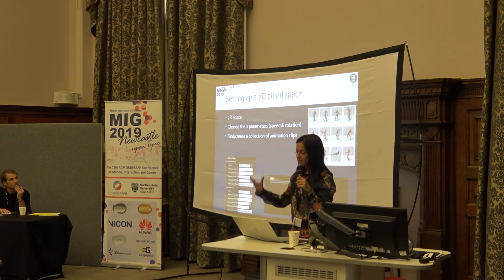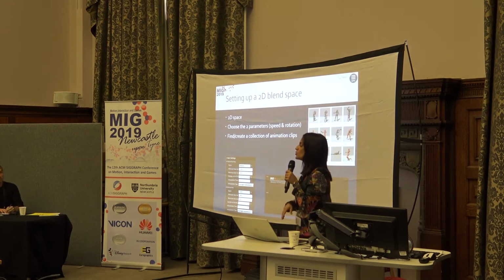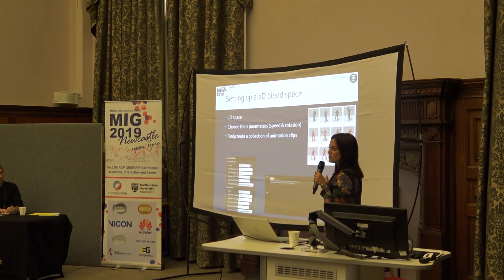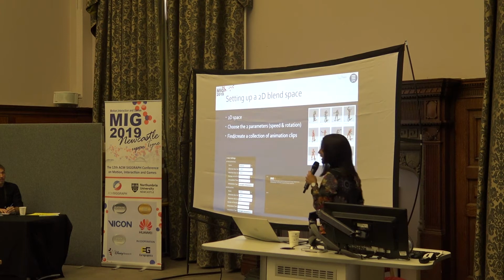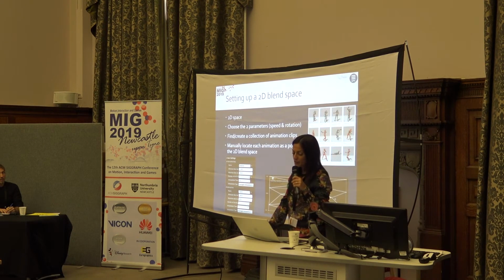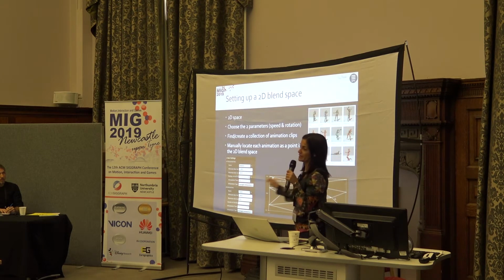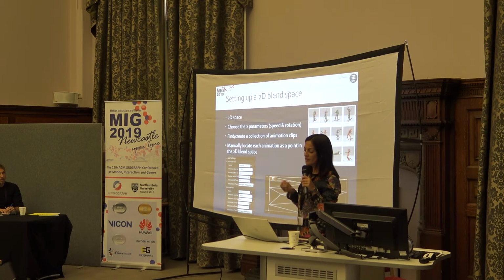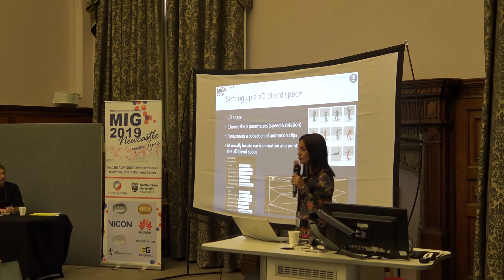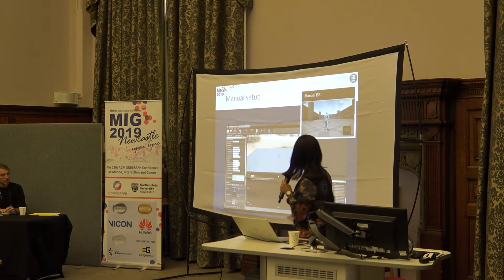Then you have to find a collection of animations that you want to use and create them if you're good at it, and if not, just go on the internet and download as many animations as you can. And then you have to manually allocate each of the animations on this blend space. So basically, given the speed and the turning angle of each animation, you have to manually locate it in the blend space in something that looks like this.